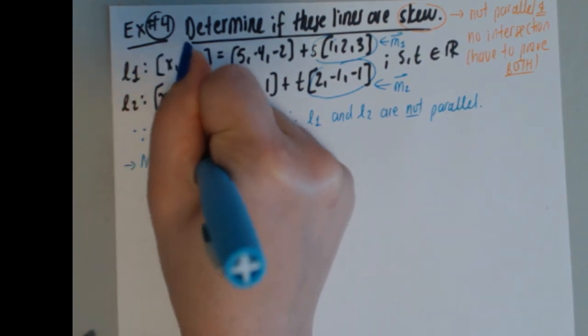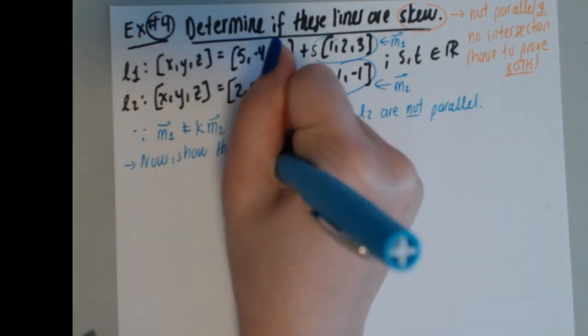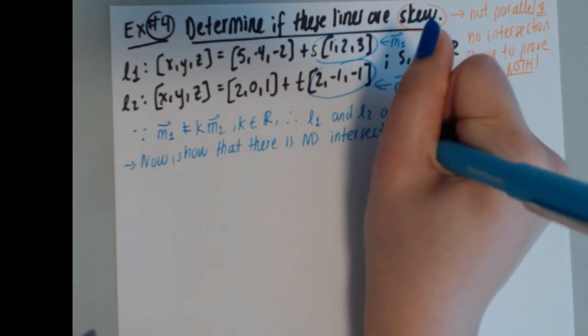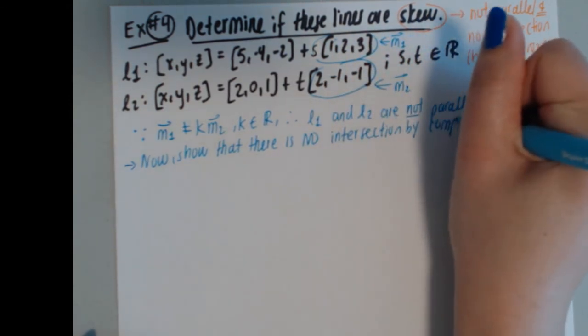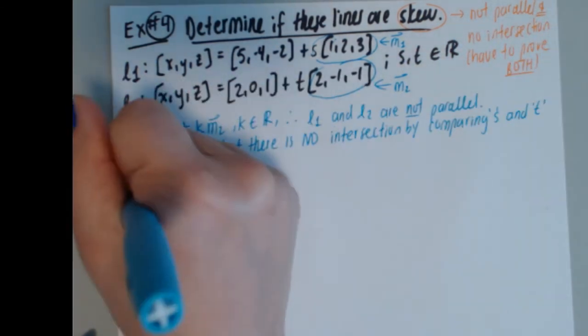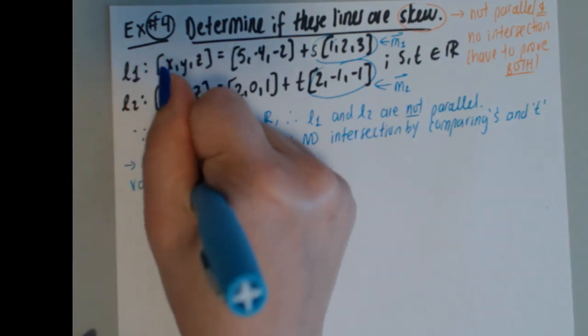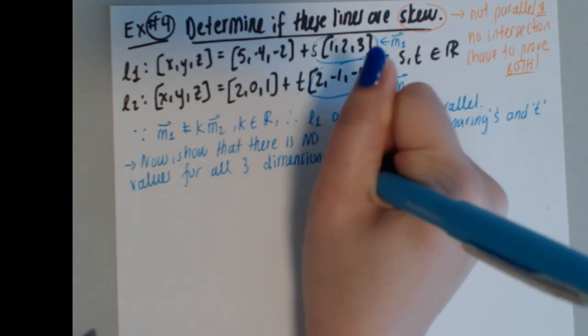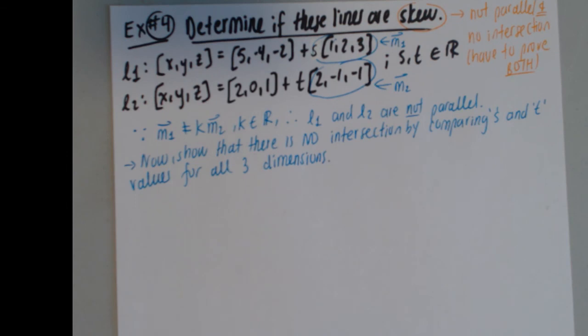Now, show that there is no intersection by comparing S and T values for all 3 dimensions. All right, so same as before, we're going to look at our X equations, our Y equations, find S and T values for those 2 equations and 2 unknowns, and then see if they satisfy the Z equation as well.